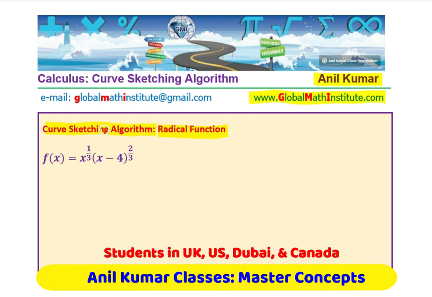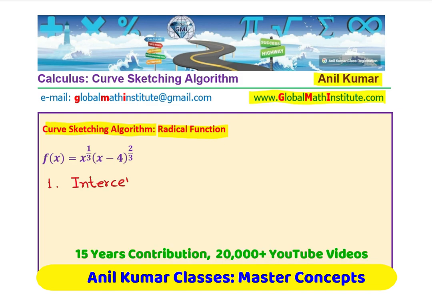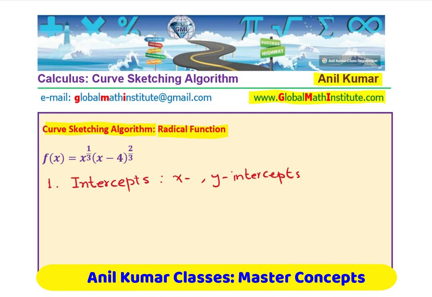Anyway, let us look into the steps involved to sketch this particular graph. First thing which you should figure out is what are the intercepts, both x-intercept and y-intercept. Intercepts will give you very good points to begin with.